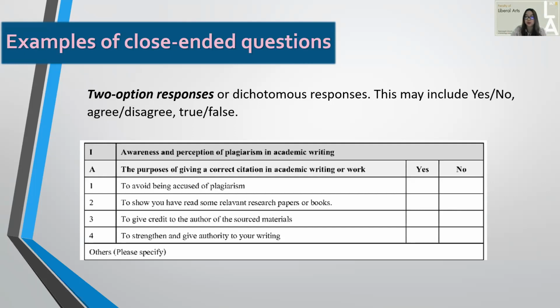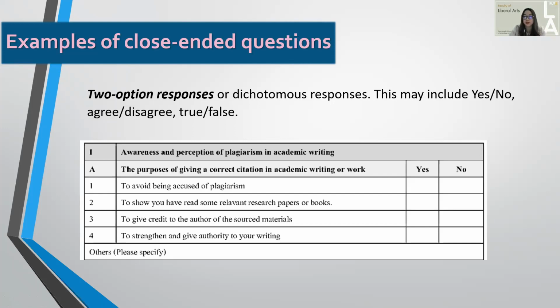It means if you use yes, no like this, you have to do it throughout; don't switch to no and yes. And here, you will see that I also leave some space here for the respondents in each section.